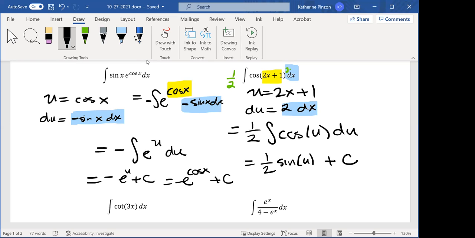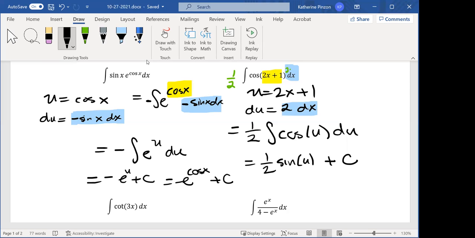But wouldn't you be able to replace the 2x plus 1 with the u? Yeah, so let's talk about it again. What Adrian suggested is we could solve for dx here and write it as du over 2. And then here, write du over 2 cosine u. And then that 1/2 will come in the front because I have divided by 2.